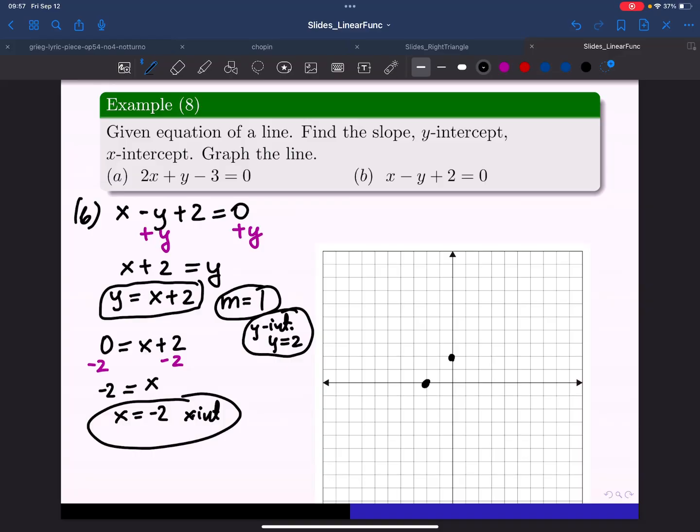We know that the whole 1 is like 1 over 1, 1 up, 1 to the right. So I would go 1 up, 1 to the right, 1 up, 1 to the right, and I'm getting the graph. So this is my line. y is equal to x plus 2.